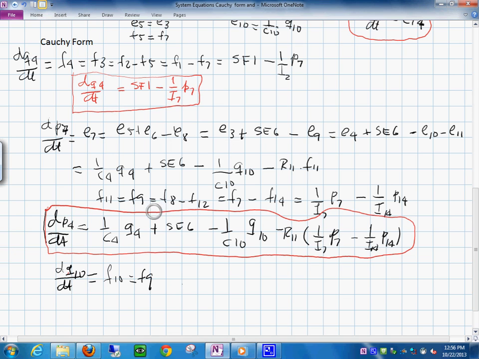Which is 1 over I sub 7 P sub 7 minus 1 over I14 P14 like this, plus SE13, and this is, I have finished the other equation, and I'm just going to put the framing here. So that there you have the 4 equations in the Cauchy form, all 4 of them.